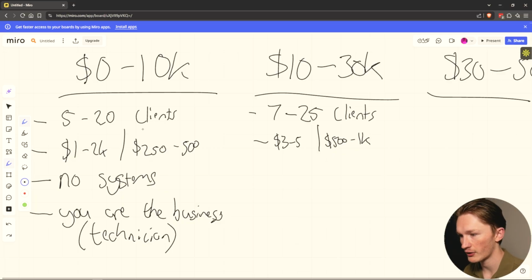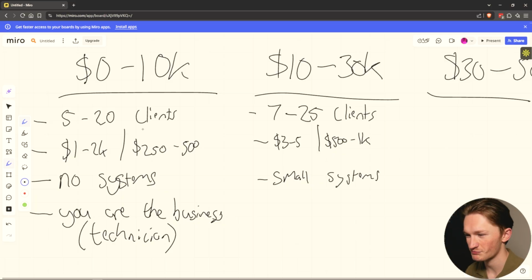Again, you either have little systems, so small systems in place, and not much in terms of processes going on.